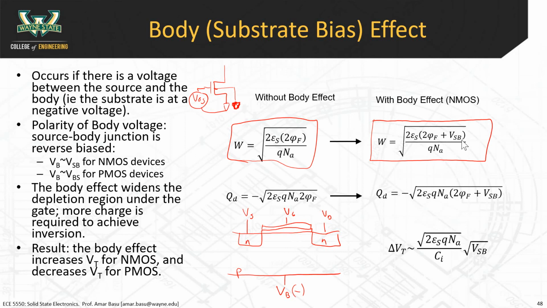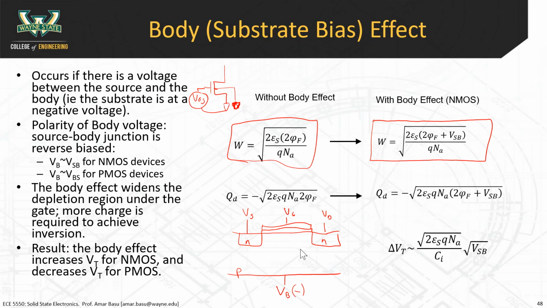Intuitively, if you apply a negative potential to the body, in the energy band diagram, it's increasing the Fermi level on the body side. So that's going to cause more bending in the band diagram.